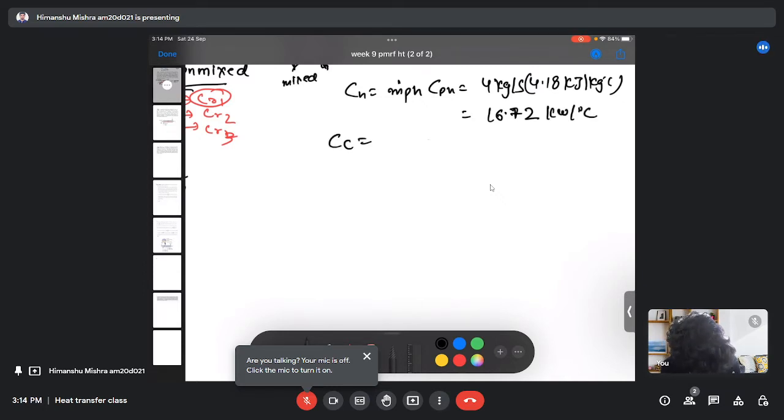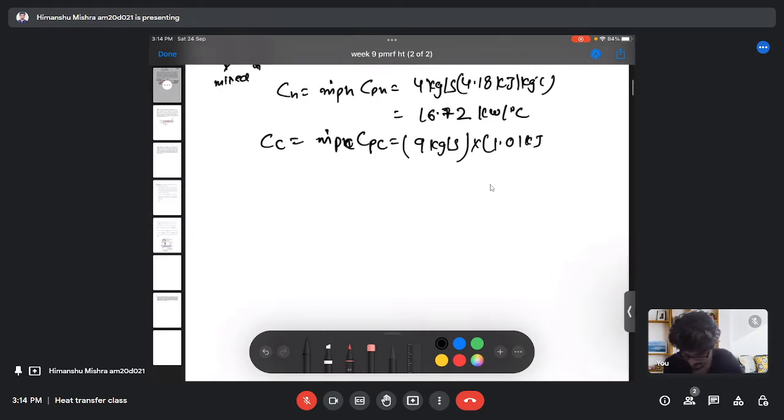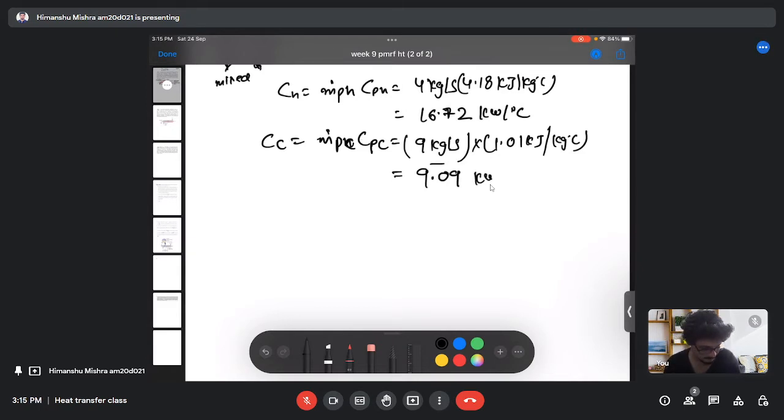Similarly, I can write for my cold fluid. The mass flow rate is 9 kg per second, and the specific heat is 1.01 kilojoule per kg degree Celsius. So on solving this, I get the heat capacity rate for the cold fluid as 9.09 kilowatt per degree Celsius.